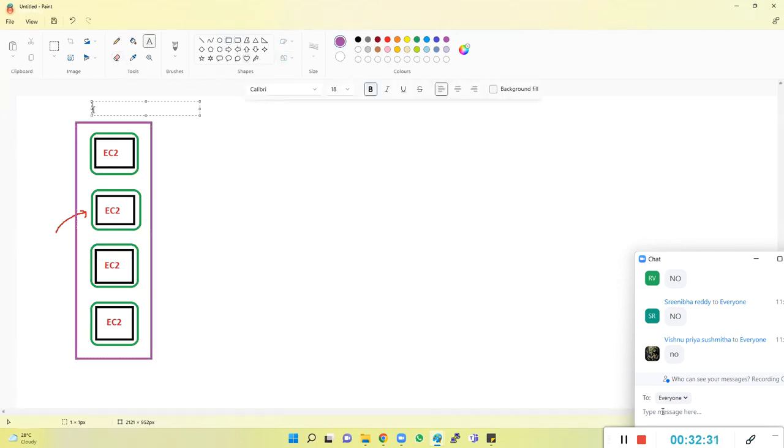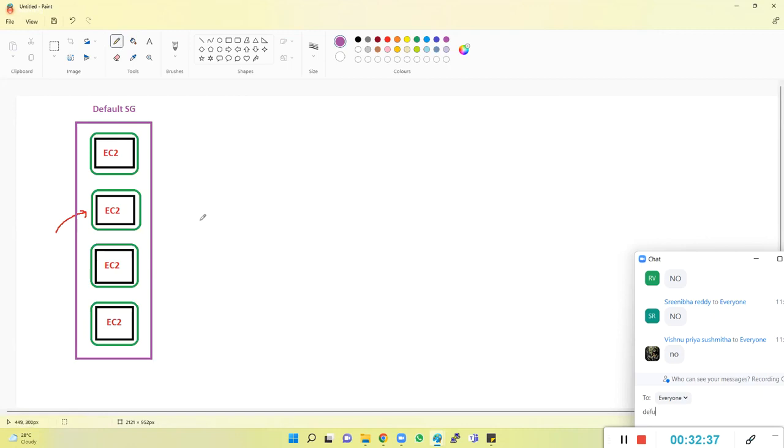Now, however many EC2 instances you create, can you attach one security group to multiple EC2 instances? Yes. So there will be only one security group, and we add inbound rules to only that one. You don't have any problems, and you can easily work and learn.